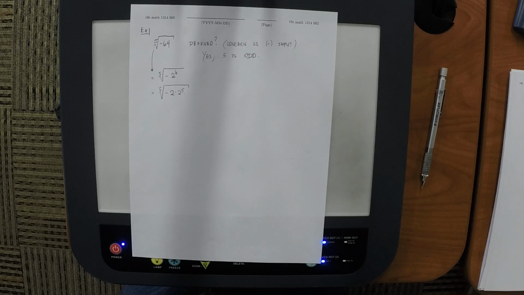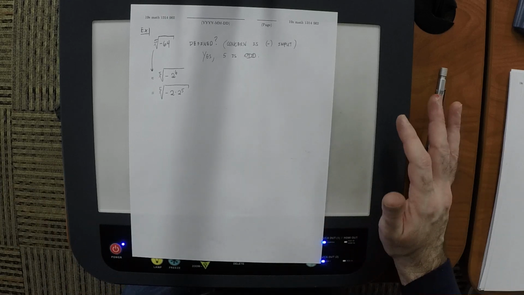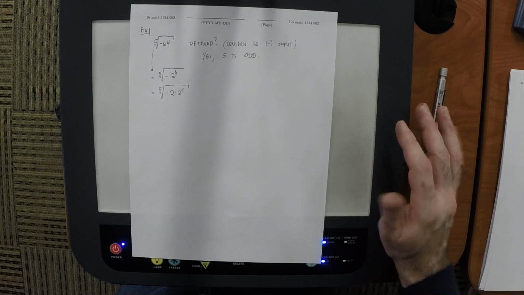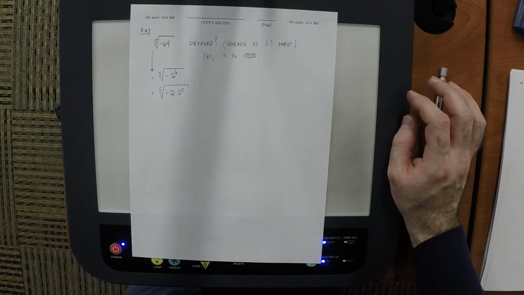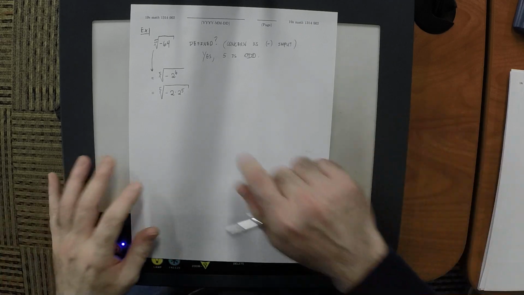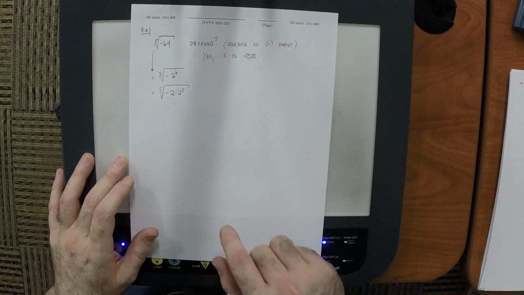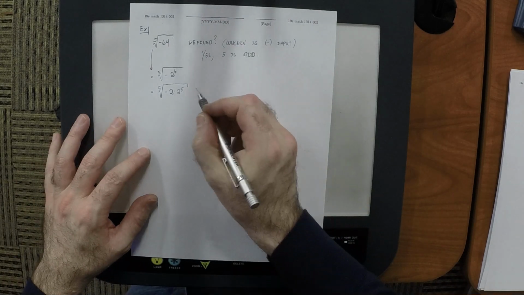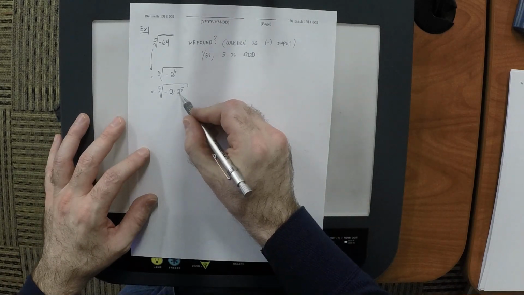So when you're simplifying square roots, things come out as twins. When you're dealing with cube root, things come out as triplets. When you're dealing with 4th root, things come out as quadruplets. And when you deal with 5th root, things come out as quintuplets, right? Groups of size 5.